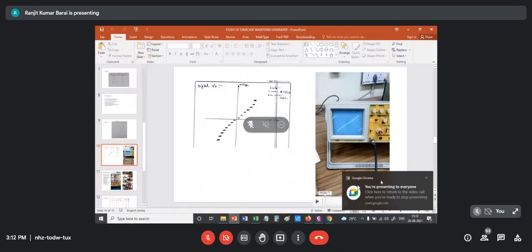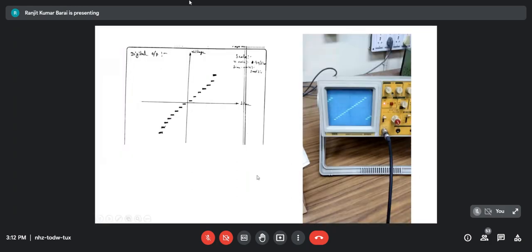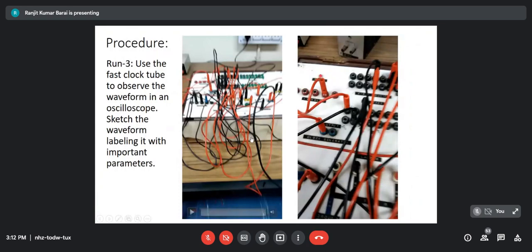Okay, now next run. Run 3. Use the fast clock. Now we want the clock to operate faster and observe the waveform in the oscilloscope. Earlier, although we observed the waveform in the oscilloscope, it was also possible to observe the changes in the bit pattern in the LEDs.